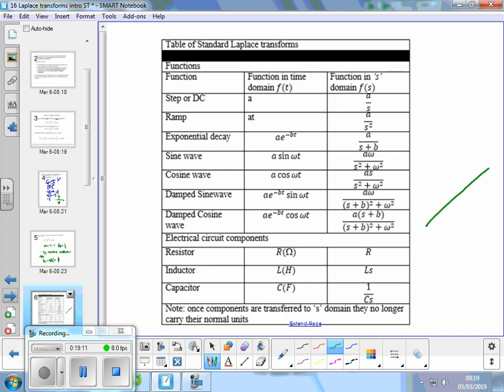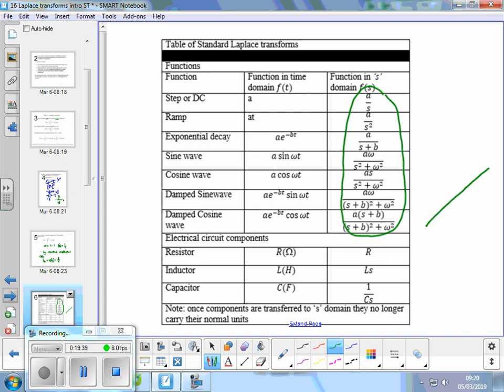So if we've got this exponential function, it looks like that in the s domain, and so on. So what we're going to be doing eventually is trying to manipulate an equation in the s domain so it looks like one of these on this side here, and then we can transfer it back to the function in the time domain. And all of that will become clearer as we do examples.